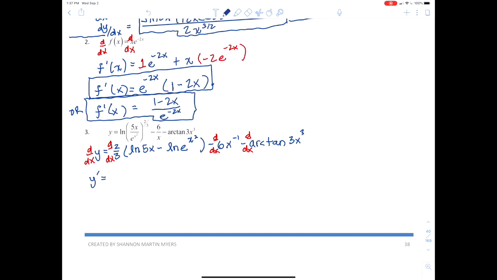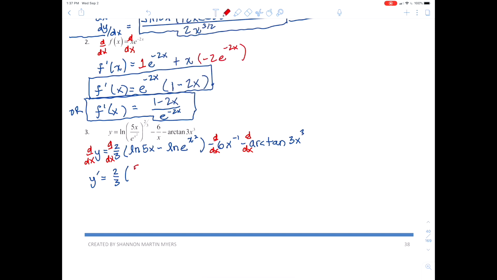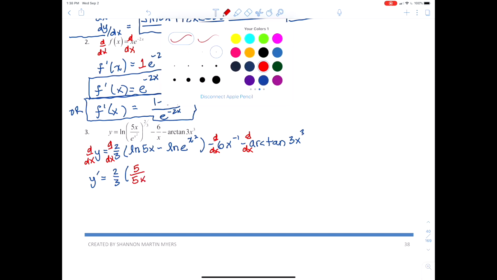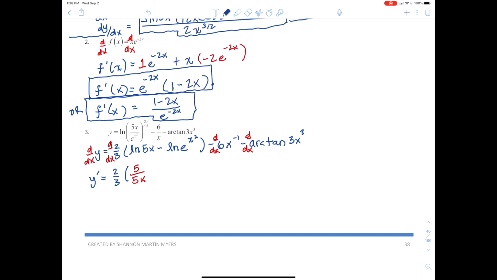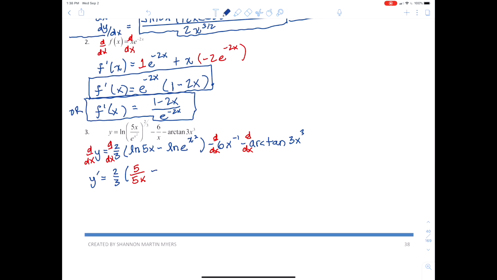And that's going to equal 2/3 times, well, we'll have 5 over 5x for the first one. And then I'm going to write this again. So that's been differentiated. This will be the derivative with respect to x.